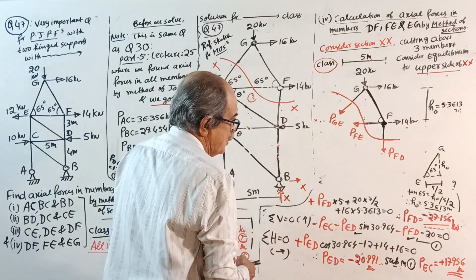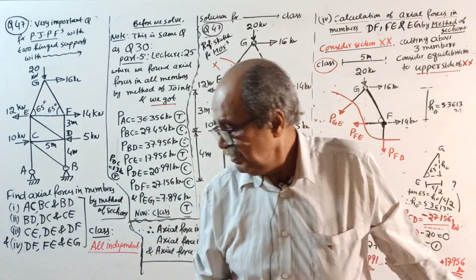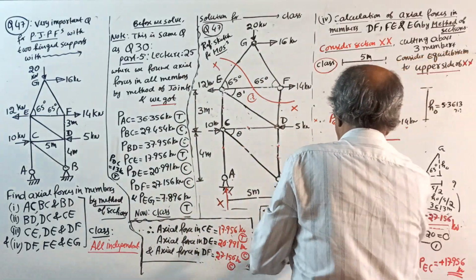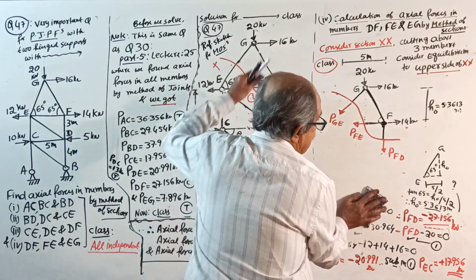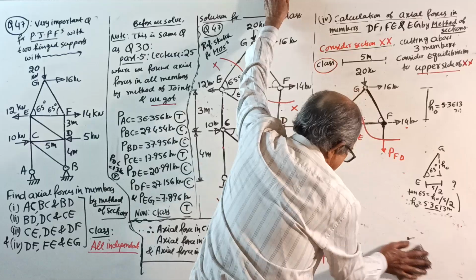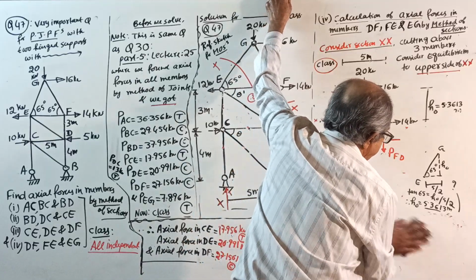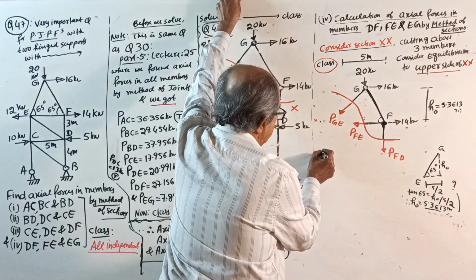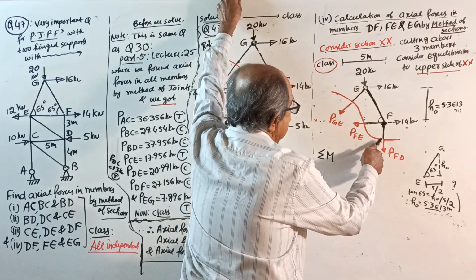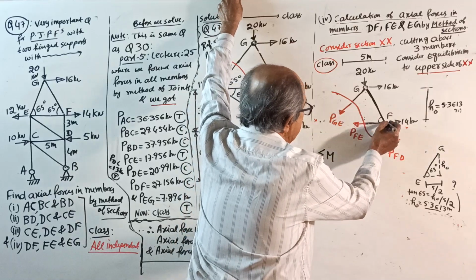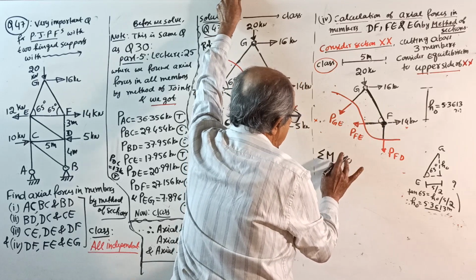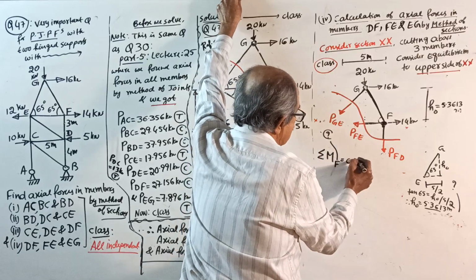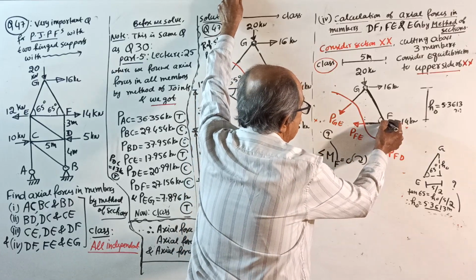Write sigma M. Among the 3 unknowns, 2 unknowns are meeting at F. So, sigma M about F equal to 0. When you write notes, you write why it is F. Clockwise positive. Okay, start.